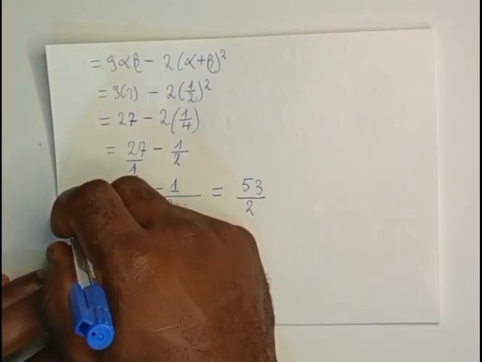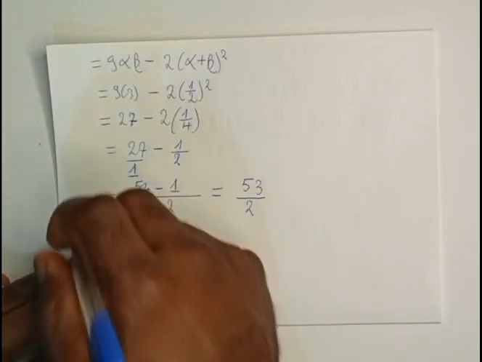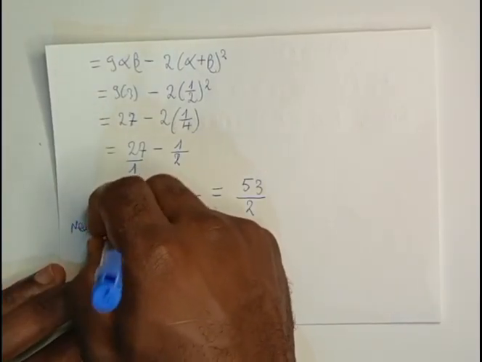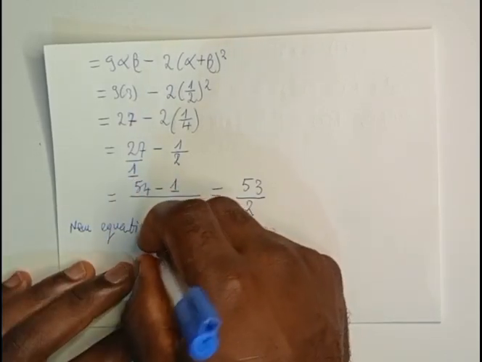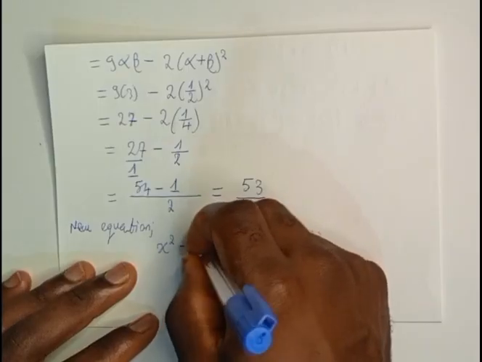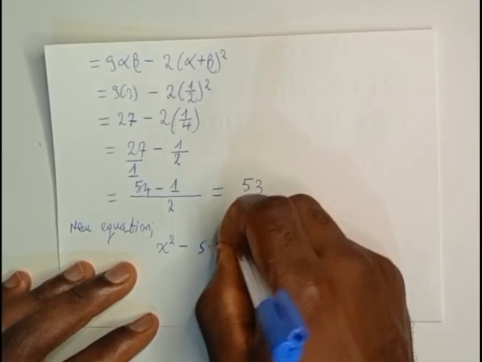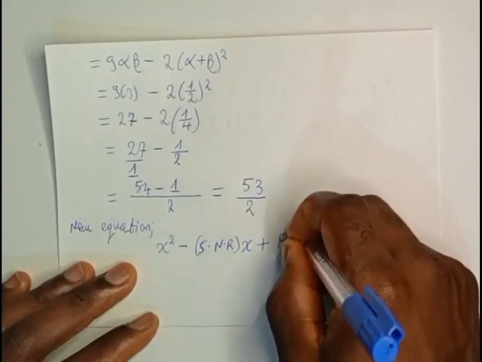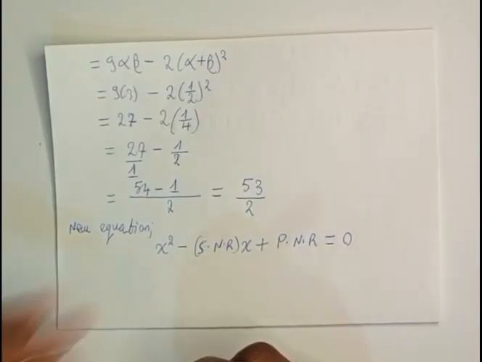The equation with roots alpha minus 2 beta and beta minus 2 alpha is given by our new equation. We make use of x squared minus the sum of the new roots times x plus the product of the new roots, and this should be equal to 0.